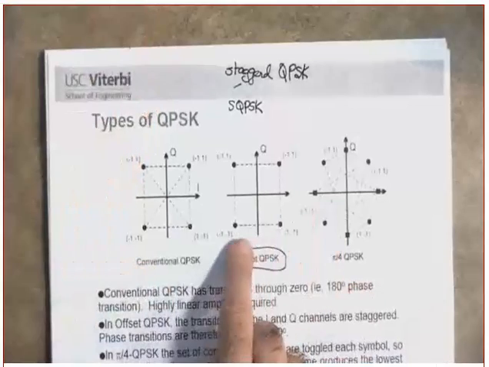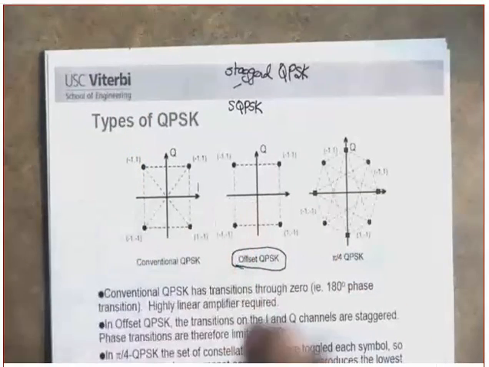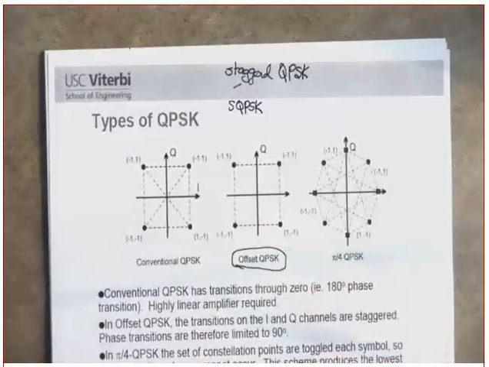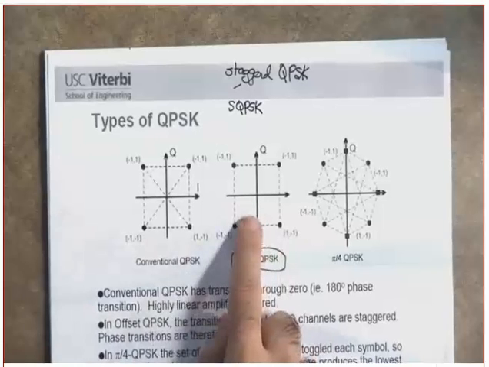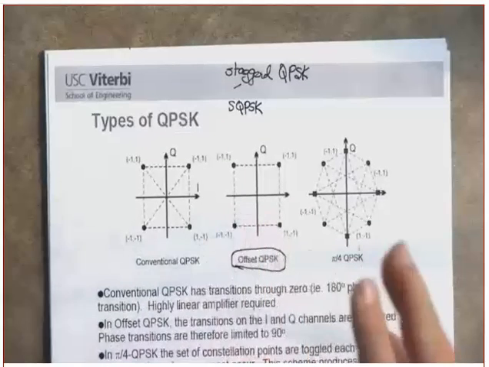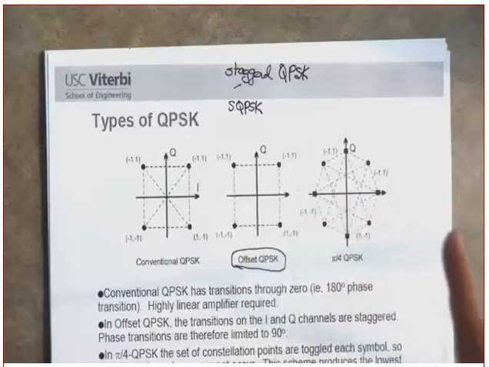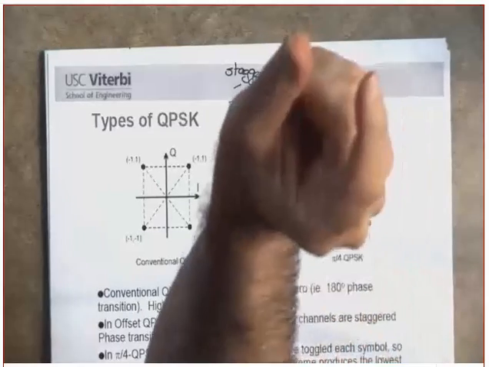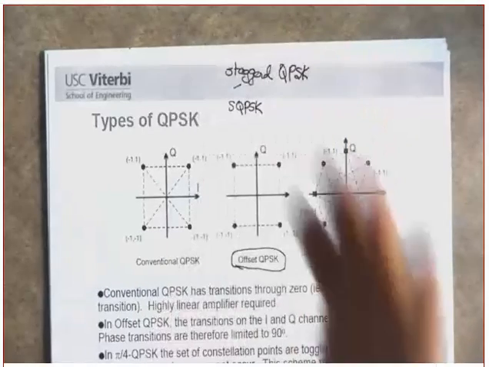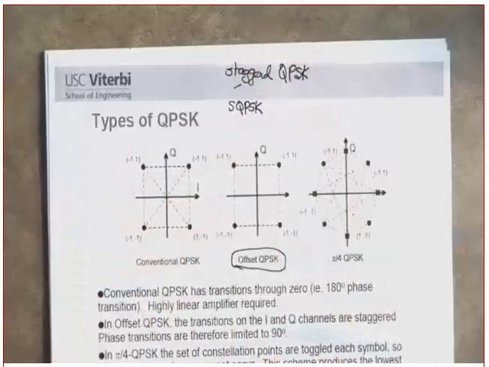I'll get back to this in a minute. I want you to look at this and tell me what transitions are allowed. First of all, let me explain what they do. The I and the Q channel, they take one of them, usually the Q channel, and they delay it by 1/2 symbol duration.